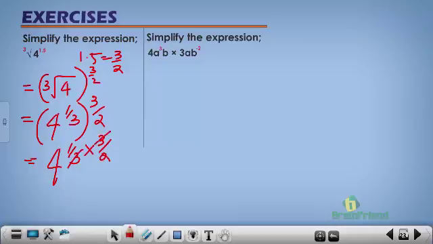This cancels out and we would have 4 raised to power half. Of course, we don't leave it like this. We go on to say this is the square root of 4, and at the end of the day we get our answer as 2.